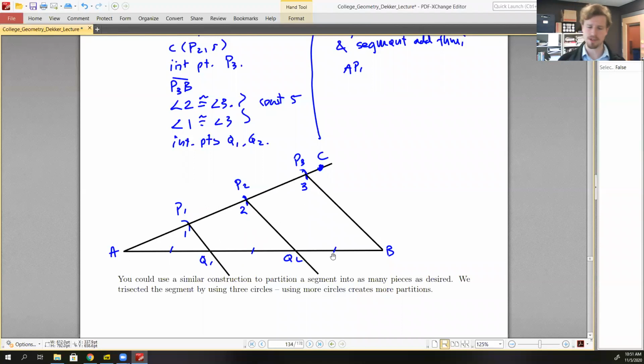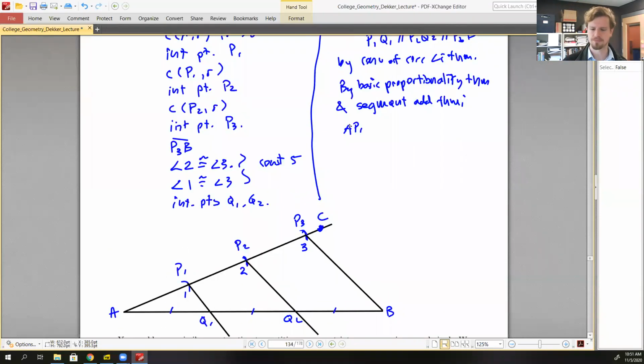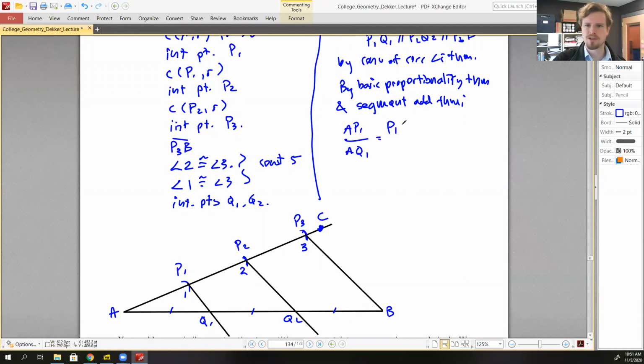A lot of different ways that we can approach that, and some manipulations give us the following set of equalities. So AP1 divided by AQ1 is equal to P1P2 divided by Q1Q2, which is equal to P2P3 divided by Q2B.